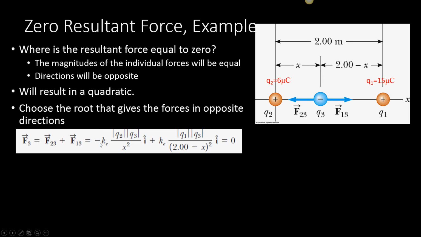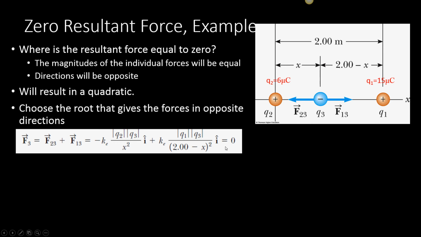And F23, pointing in the negative i direction, we put in by hand the sign over here of minus k electric Q2 times Q3, absolute values, over r squared. In this case, r is x, so it's x squared.